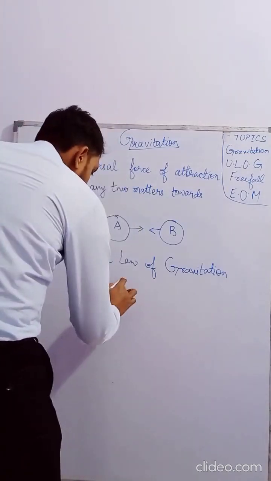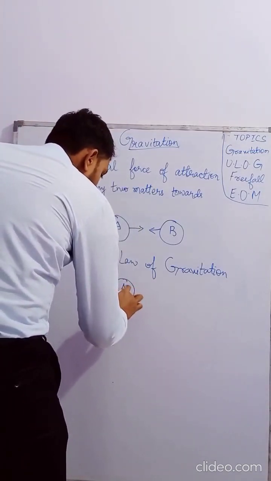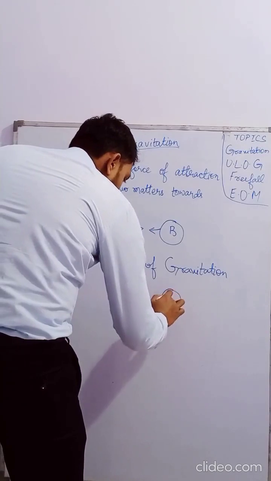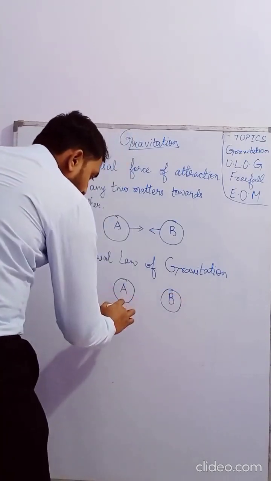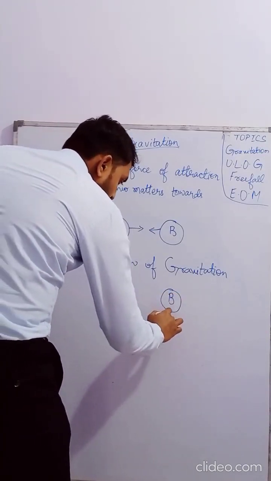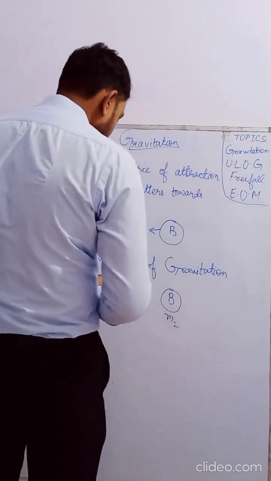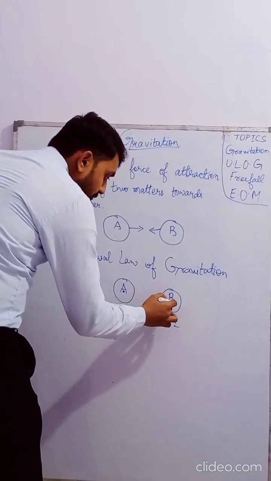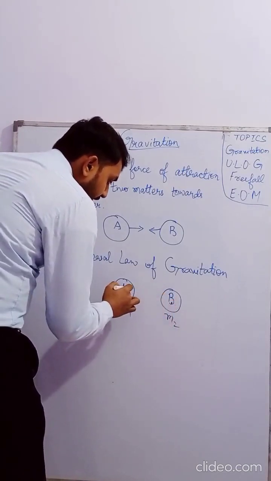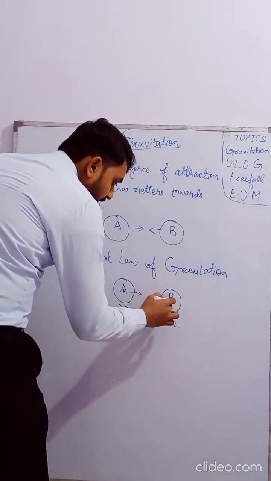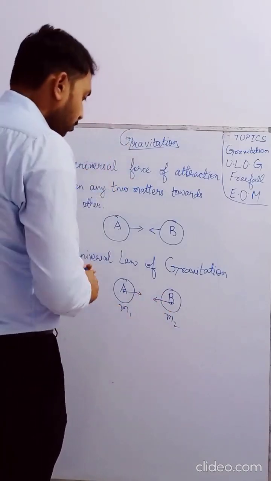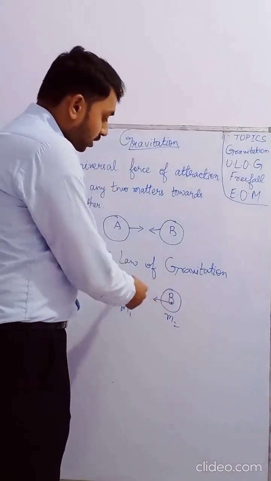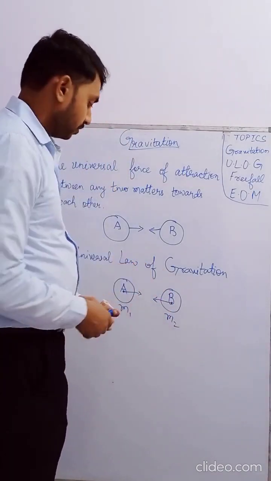If this is an object A and this is an object B, object A has some mass m1 and object B has some mass m2, and the centers of the objects will have a tendency to attract towards each other because the force acts along the line joining the centers, towards each other.